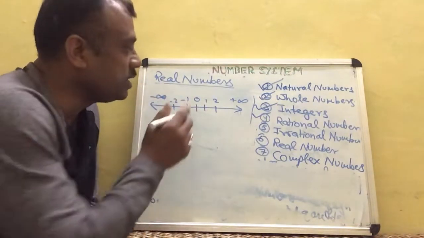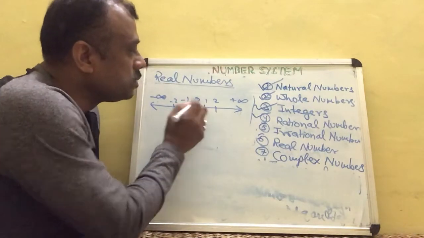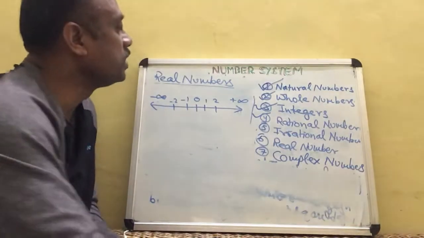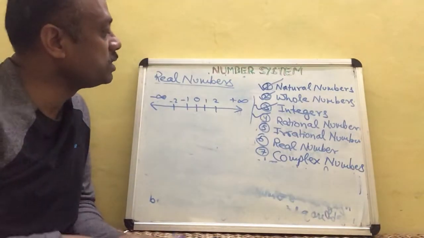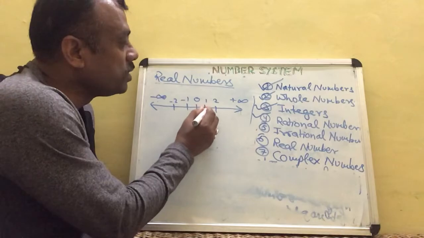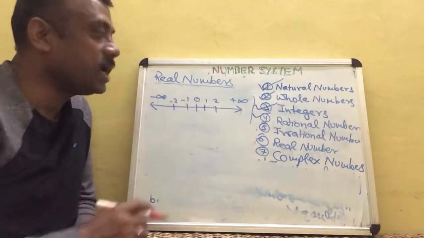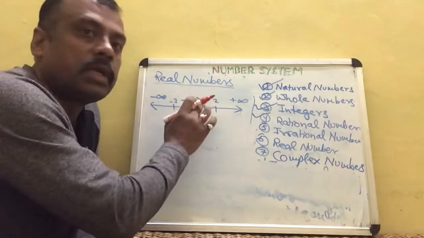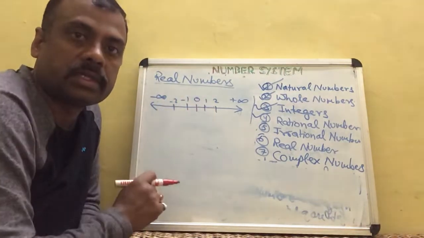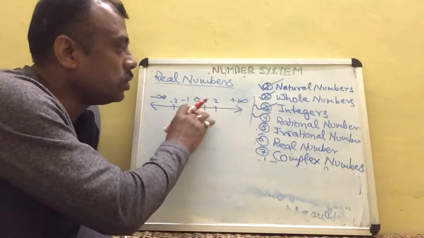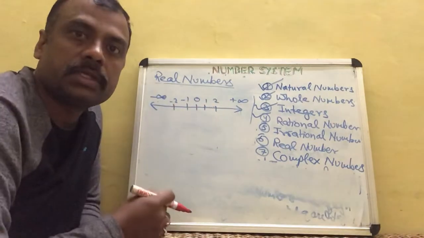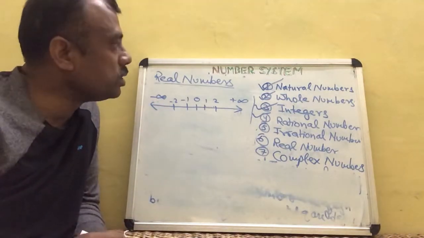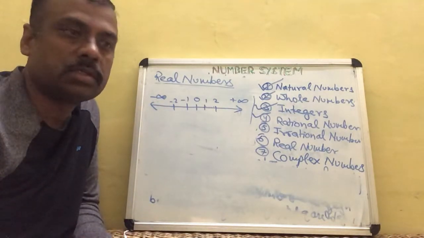Since there are infinite points between two numbers, we can take an example: there are infinite points between 1 and 2, and as we know there are infinite real numbers between 1 and 2. So each point will represent one real number. So this is the way to represent real numbers.